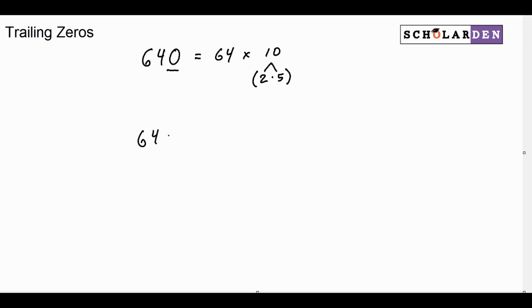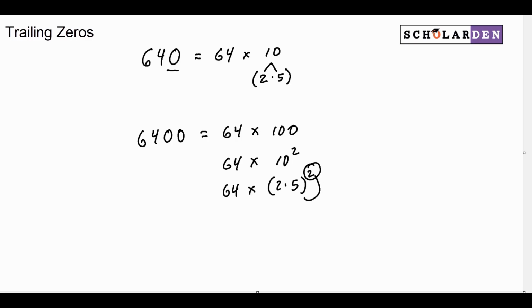And if we added a 0 to that number, now we have 6,400. That's 64 times 100, and 100 is 10 squared. And we know that 10 is 2 times 5. So notice now we have 2 pairs of 2 times 5 corresponding to 2 trailing zeros.